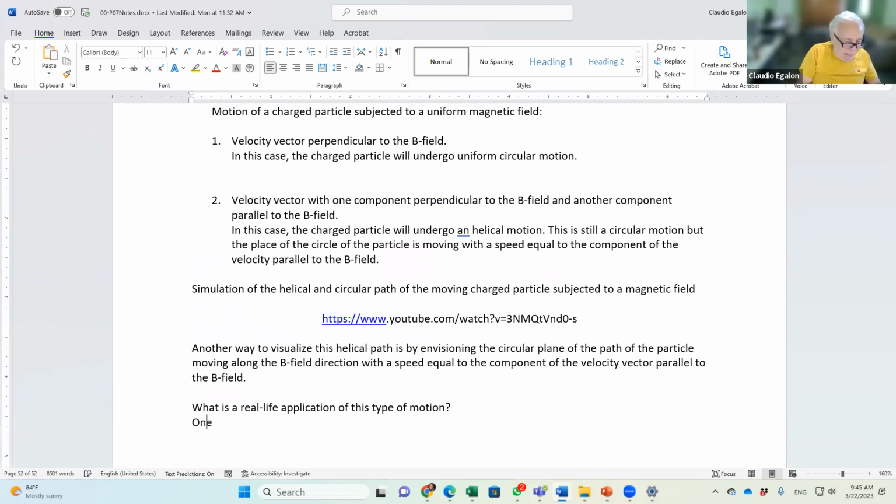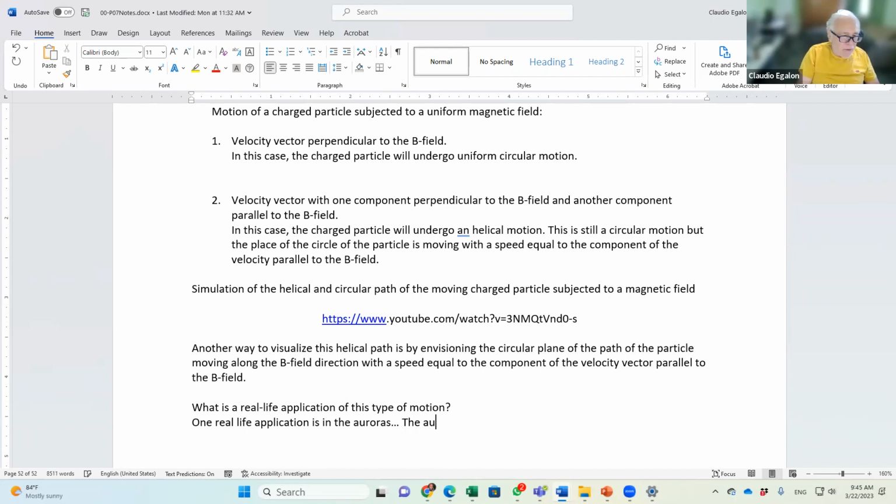One real life application is in the auroras. Auroras are related to this type of motion.